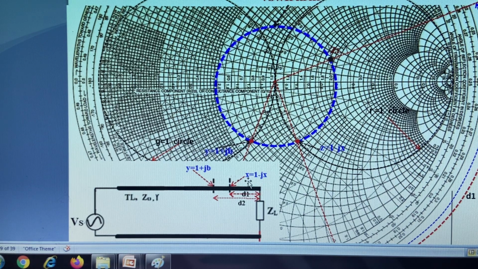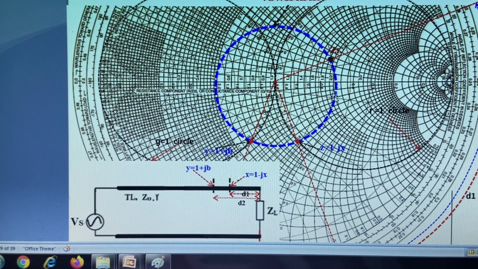The impedance at some position at a distance d1 may be in this form, 1 minus jx form, that is, real part 1. That means wherever this intersects the r is equal to 1 circle, you stop and measure the distance, you will be getting d1. At that position, the real part of impedance is 1, but the reactance may take any value.